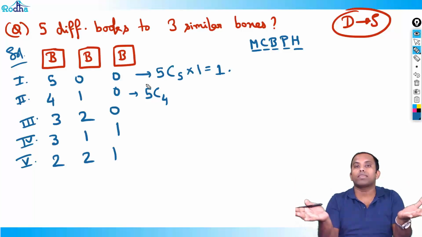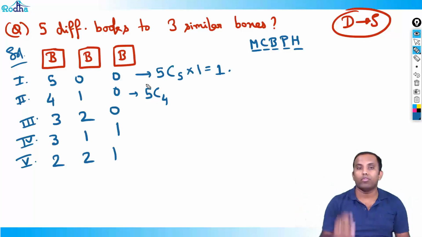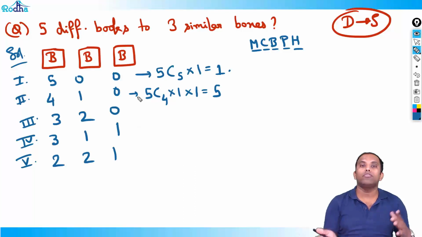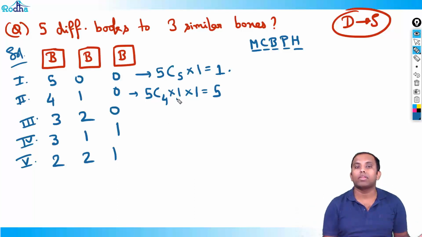These 2 groups can be placed in the boxes in only one way. That book is automatically left, only 1 after selecting 4. Third case, 3 2 0.